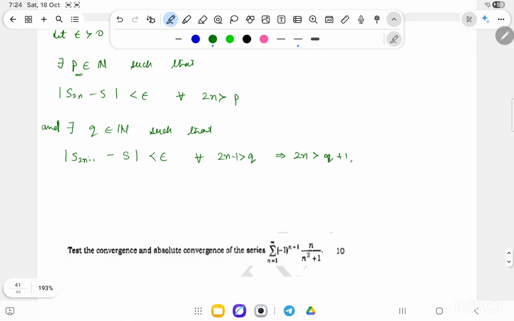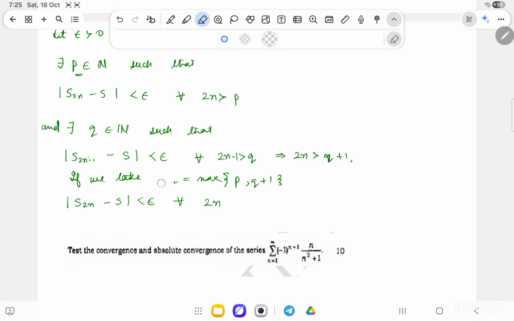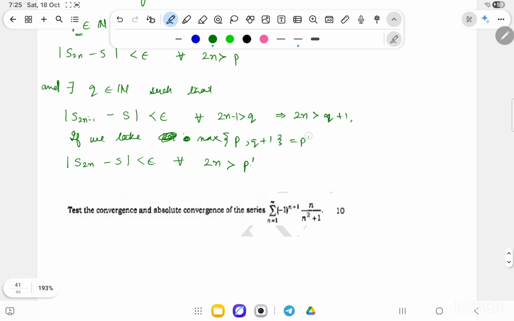So if we take our n to be the maximum of p comma q plus 1, we get that modulus of Sn minus s will be less than epsilon for all n greater than this, let's name it p dash.